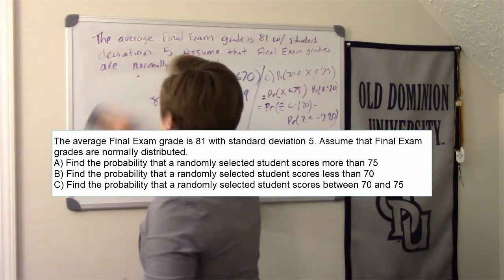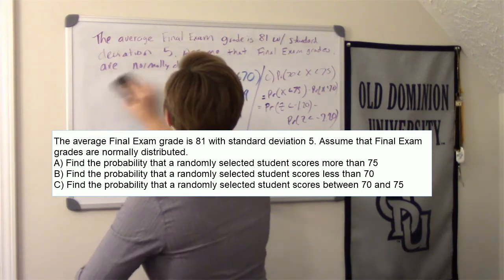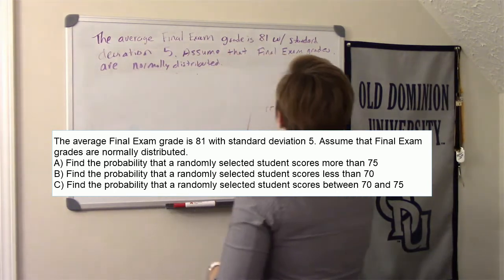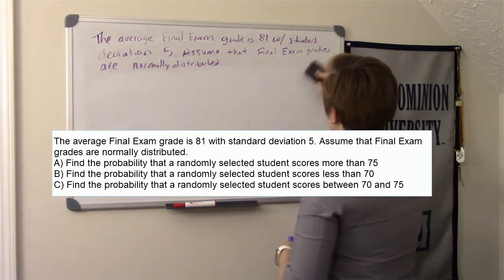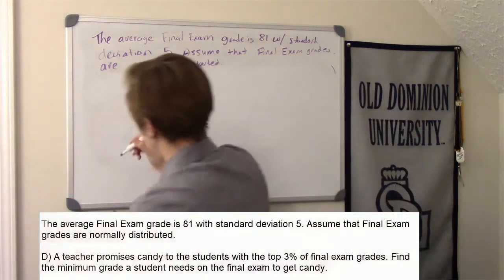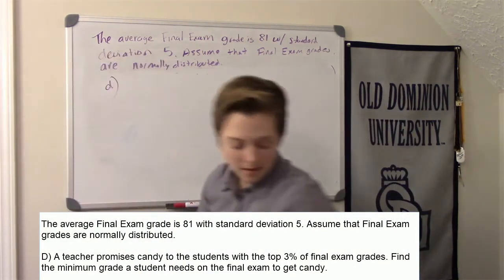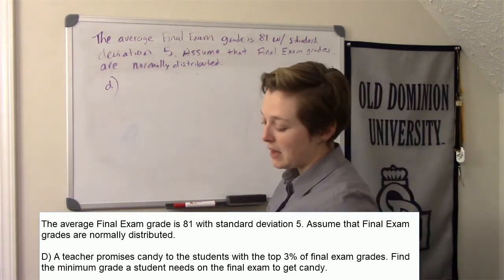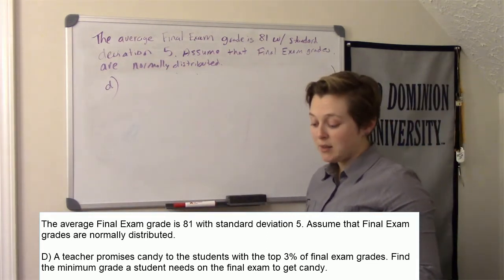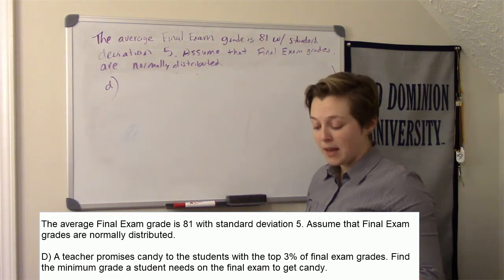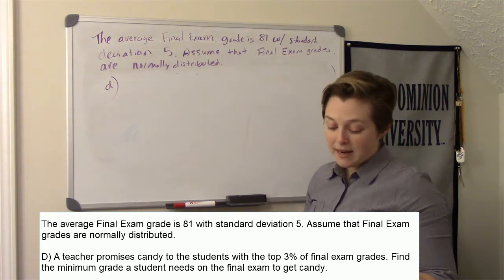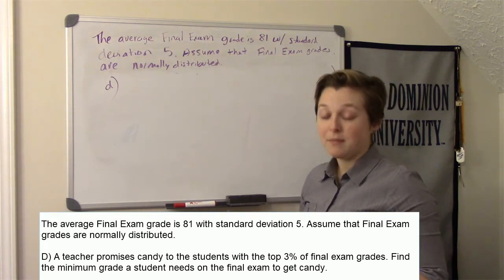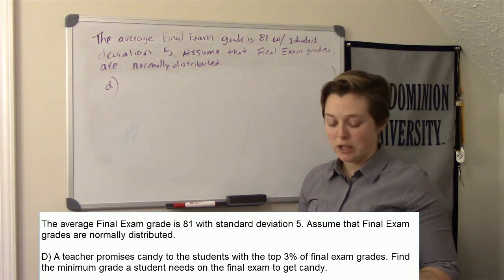So problem D. A teacher promises to pass out candy to students with the top 3% of final exam grades. Find the minimum grade a student needs on the final exam to get candy. So that's the question.